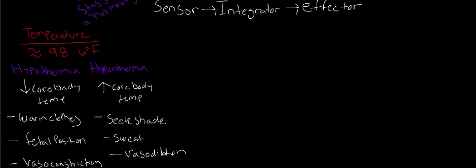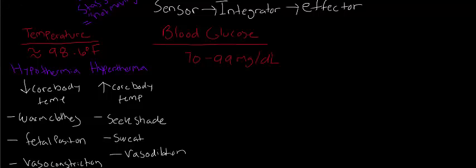We can go on to discussing blood glucose. So then you might ask, well, what is the norm blood glucose level? Well, it depends, because before a meal in a patient without diabetes, it's about 70 to 99 milligrams per deciliter.